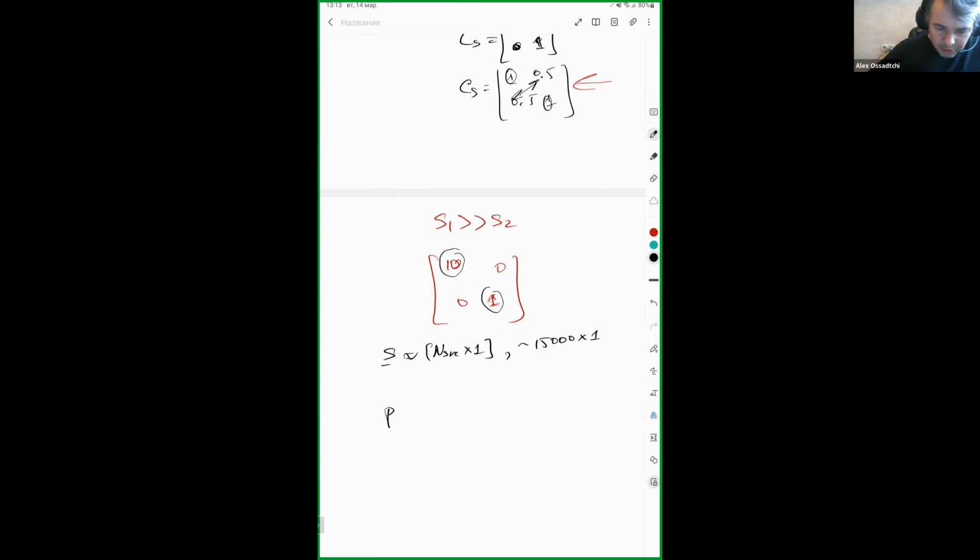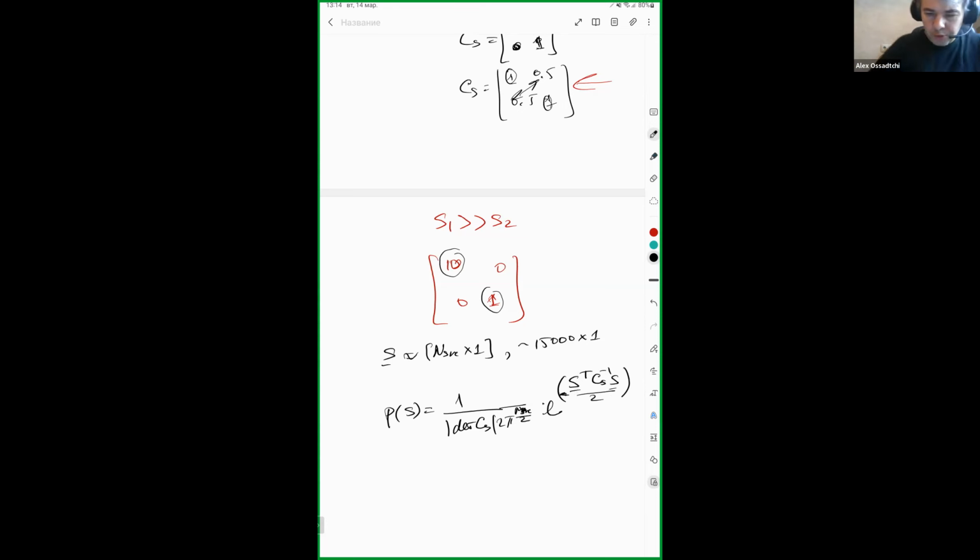Our prior in this case, P of S, is 1 over the determinant of CS multiplied by 2 pi to the power of n sources over 2, multiplied by e to the minus S transpose CS inverse S divided by 2.